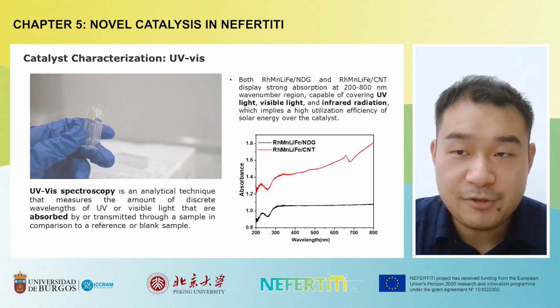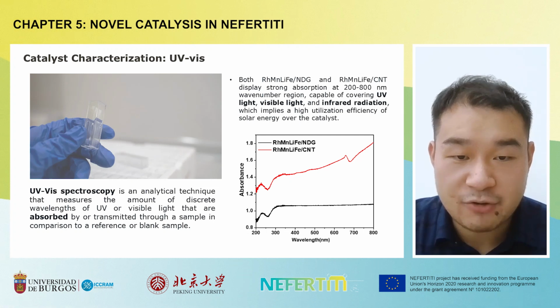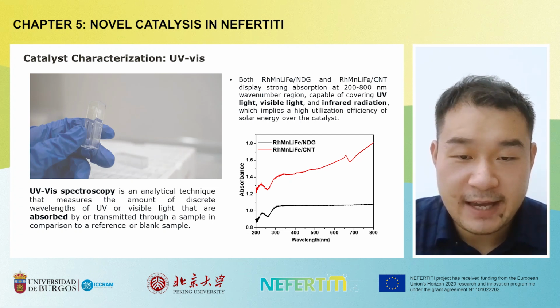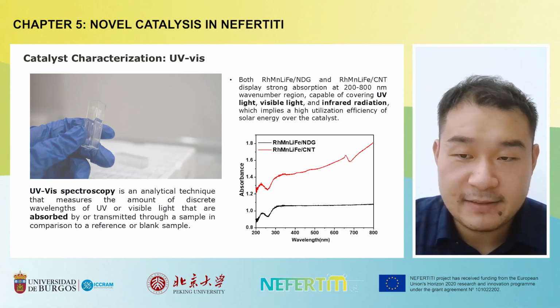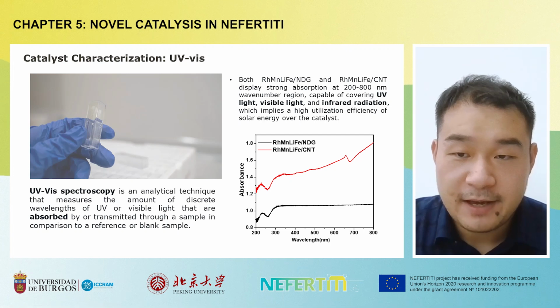Another technique we use is UV-vis spectroscopy. It is an analytic technique that measures the amount of discrete wavelengths of UV or visible light that are absorbed or transmitted through a sample in comparison to a reference or blank sample. So here we prepare the supported rhodium-based catalyst inside the carbon nanotube, as well as its counterpart, which is the supported rhodium-based catalyst on nanodiamond graphite.